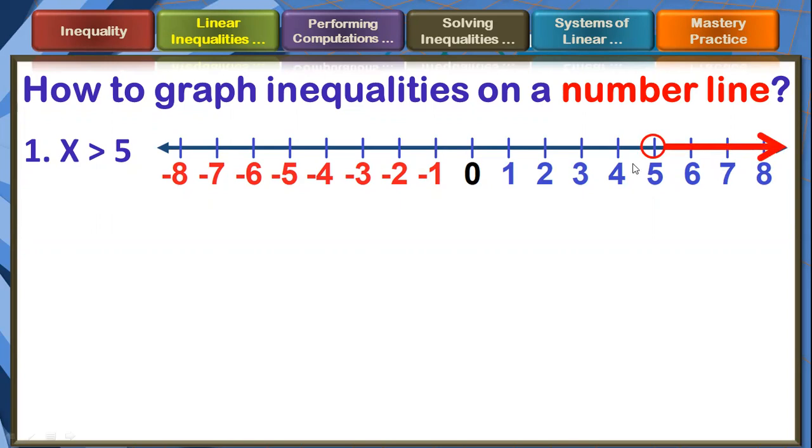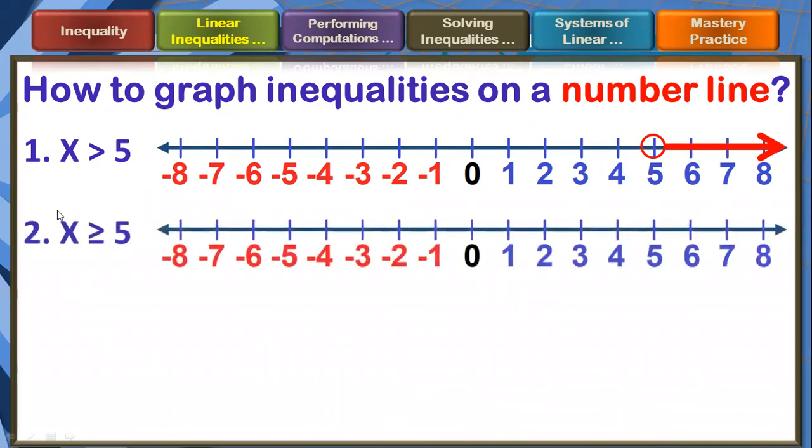When we draw the diagram, we make a circle which has a hole. Why? Because it tells us that 5 is not included, but it's very close to 5. So here, X is greater than 5. So here we have greater than, therefore the arrow should be going to the right.